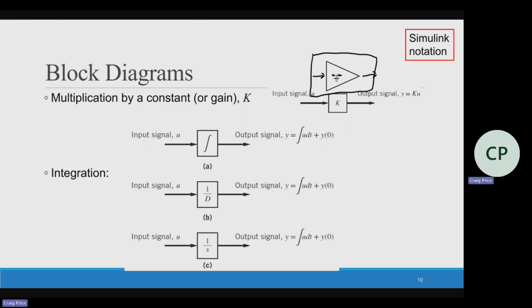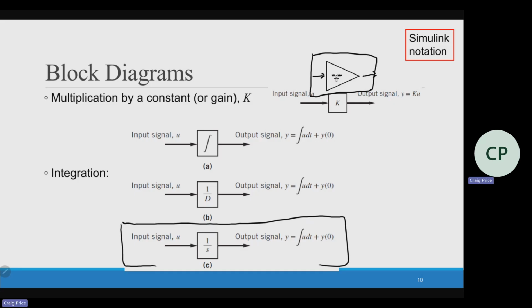That is used in the textbook every now and then. It's the same thing as S, just like in the time domain. So I just like to use this one. So anytime I want to take the integral, I can just put it through this block. So you divide it by S. That's essentially the same as taking the integral of that input.